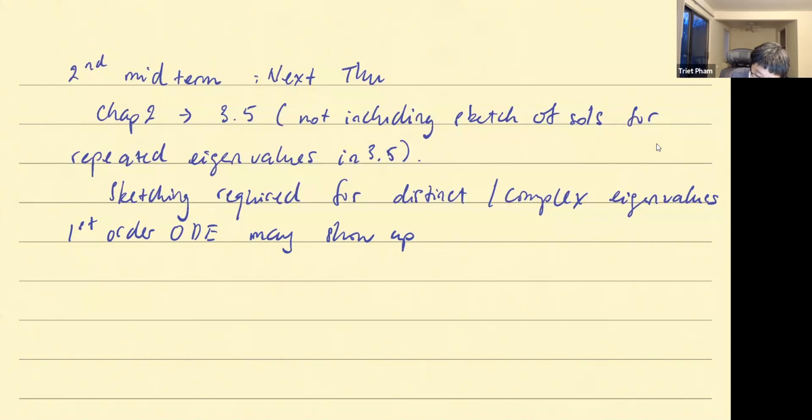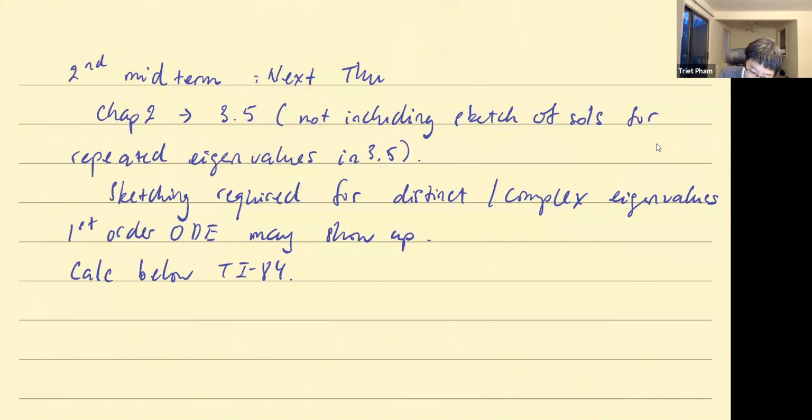Okay, some other things. Calculators are still allowed, that kind of thing, except that I am aware that the TIs can solve for eigenvalues for you, and I think eigenvectors too.